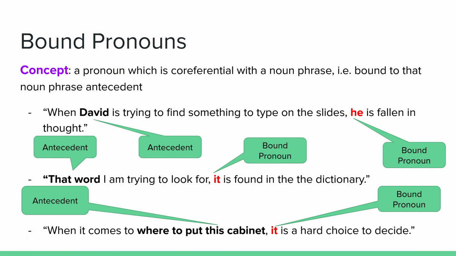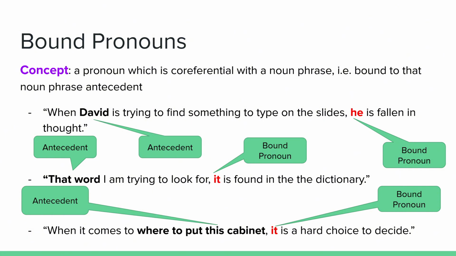So here the personal name David is the antecedent. He is a pronoun. Because the pronoun he is referring back to the personal name David, it is sort of bound with the personal name David. So we call the pronoun he a bound pronoun.